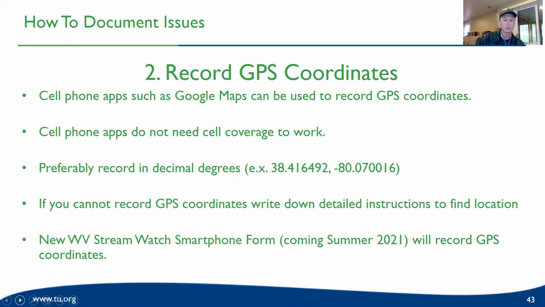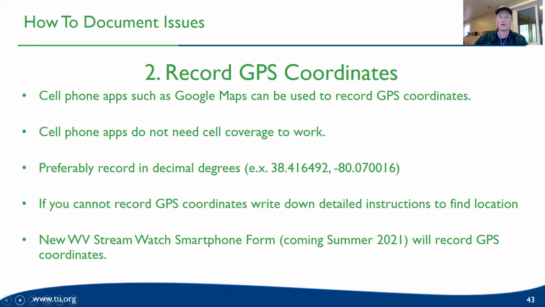And just FYI, we're working on a smartphone enabled form based on the Survey 123 platform. That's a smartphone app that will basically facilitate the collection of the GPS coordinates and your comments and notes on the issues and photos.